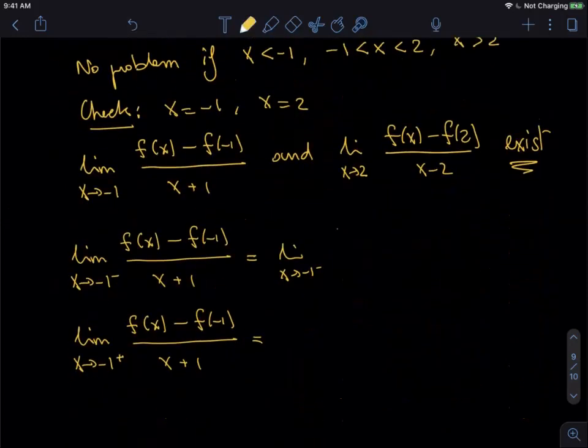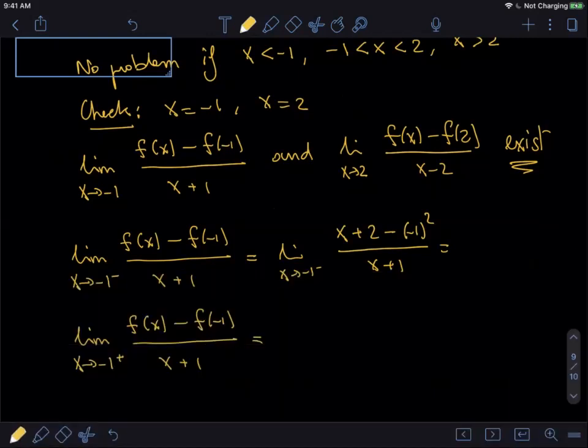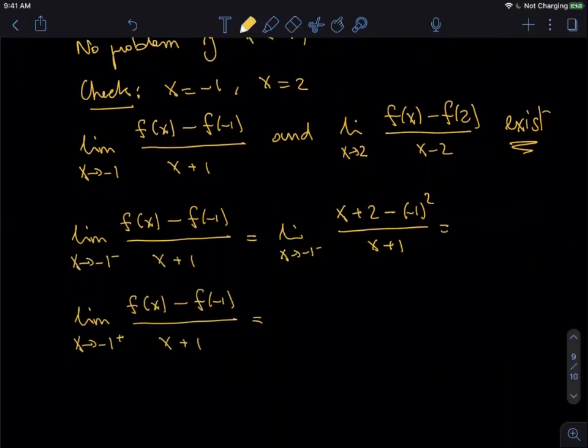So this is x plus 2 minus -1 squared divided by x plus 1. But this is 2 minus 1. So we get x plus 1 divided by x plus 1. So this is equal to 1.